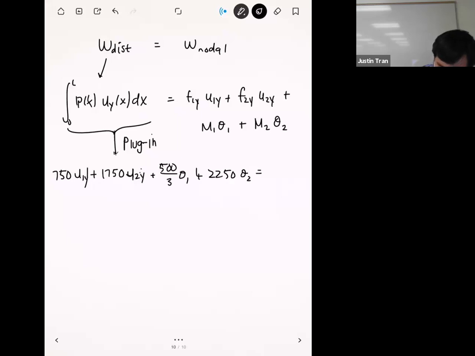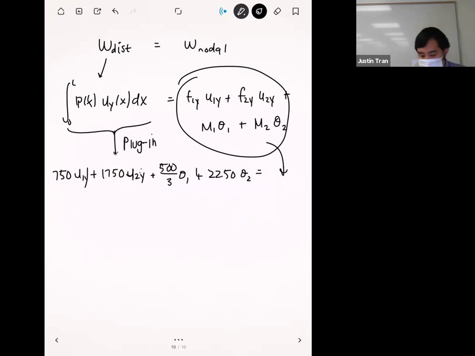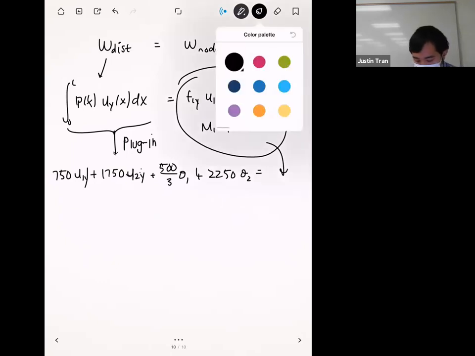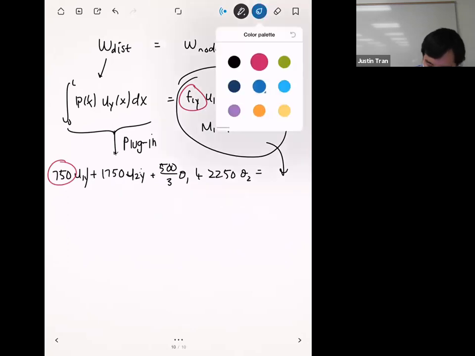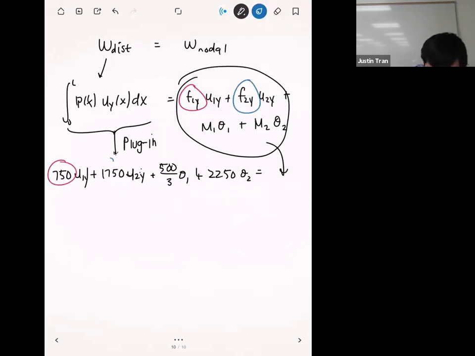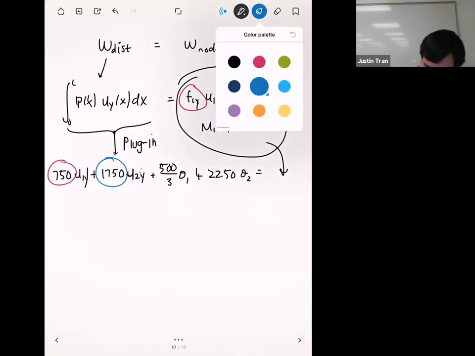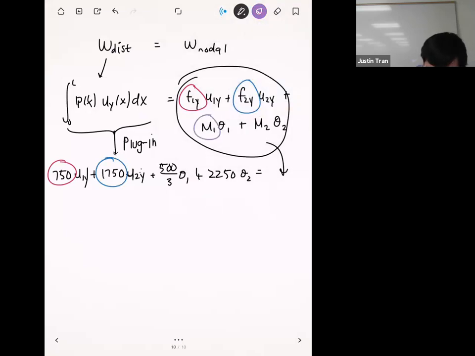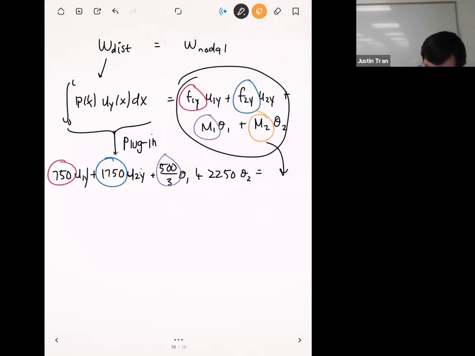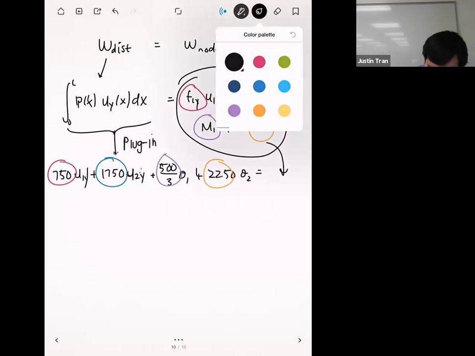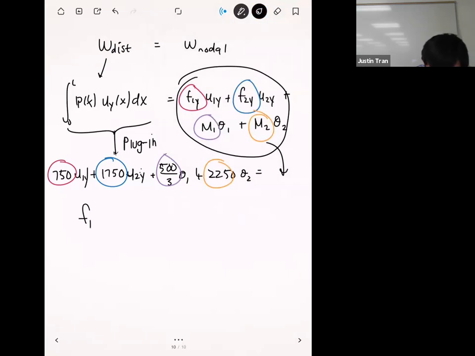And this has to be equal to the other side of the equation. Because we have our work equivalence, in order for these two to be equal, F1y has to equal 750, F2y has to equal 1750, M1 has to equal 500 over 3, and finally, M2 has to equal 2250. And so we can finally write out the answer to this.